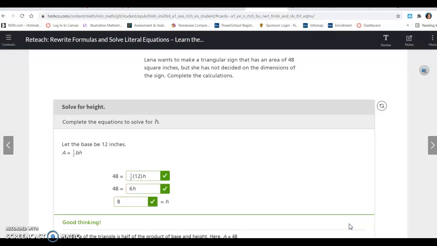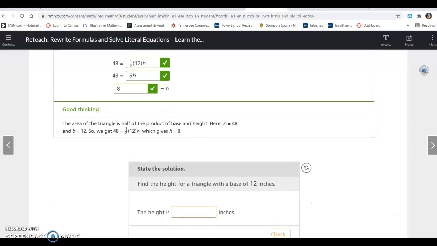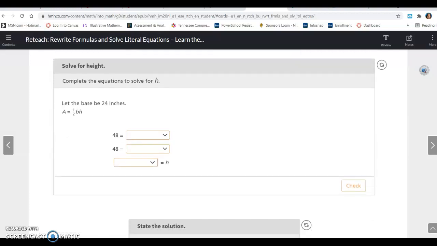Alright, so all we did was take the area of a triangle, given the area and the base, we calculated for height. Alright, so it says find the height of a triangle with a base of 12. We just did that. When the base was 12, the height was 8 inches. Alright, it says complete the equation to solve for H. Let the base be 24 this time.